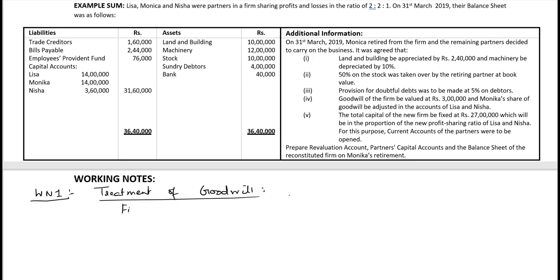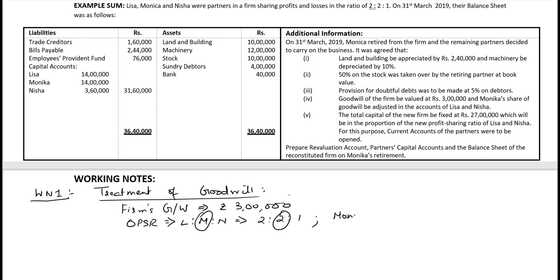As per the sum, firm's goodwill is equal to rupees 3 lakh. The OPSR or the old profit sharing ratio between Lisa, Monica and Nisha is given in the sum as 2:2:1. The partner who's retiring is Monica.